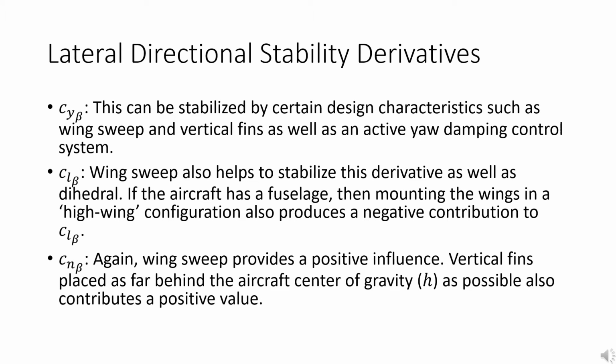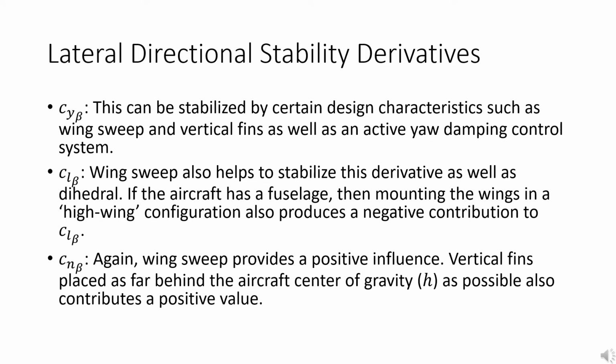Now let's walk through those stability derivatives I had mentioned earlier and how they're affected by different things. The side slip contribution to side force is stabilized by the use of wing sweep, vertical fins, or an active yaw damping control system.